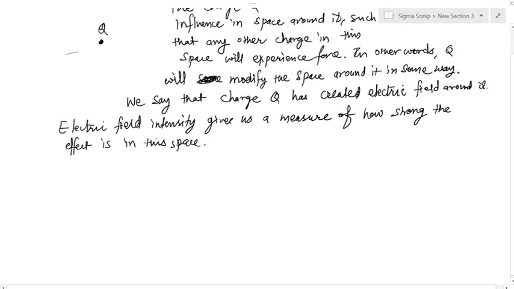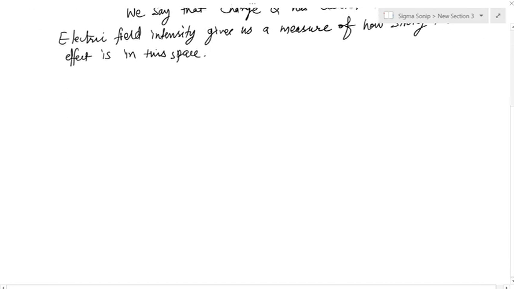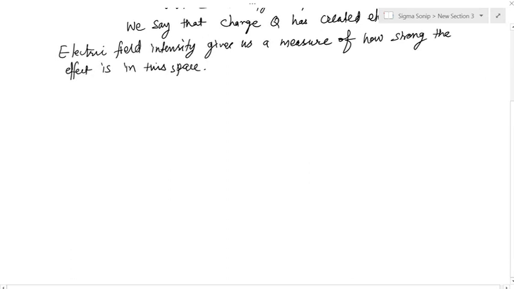We can use Coulomb's law straight away to find the electric field intensity. So I will straight away give the formula here. So suppose I go back to this situation. Suppose there is a charge Q here, and this is my point where I want to find the electric field intensity, and this distance is d from here to here.